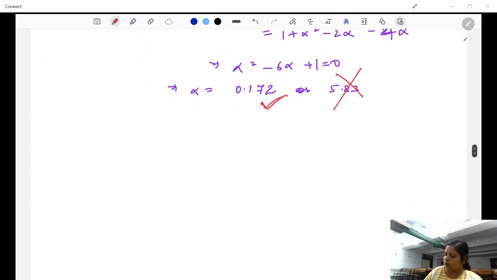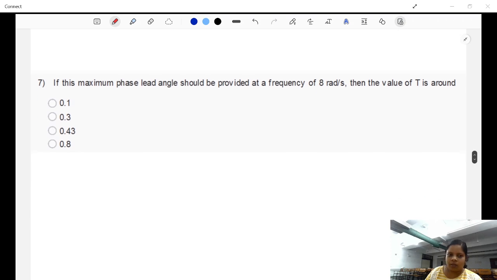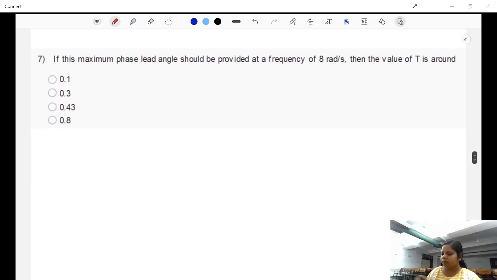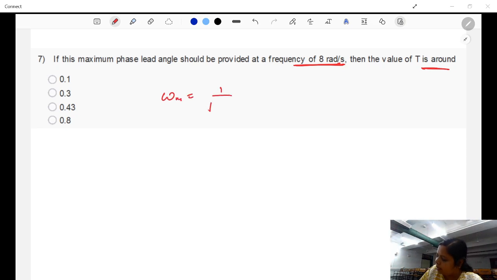Okay. Now, if this maximum phase lead angle should be provided at a frequency of 8 radian per second, then what is the value of T? Okay. So we already know omega m is 1 by (under root alpha into T). So from here we can write T is equal to 1 by (omega m into root alpha).